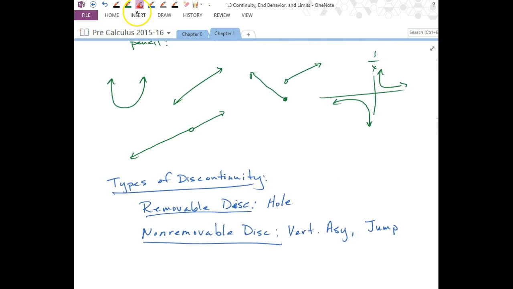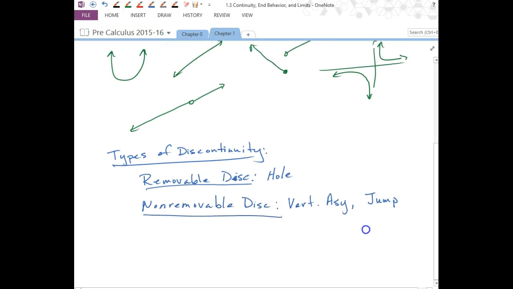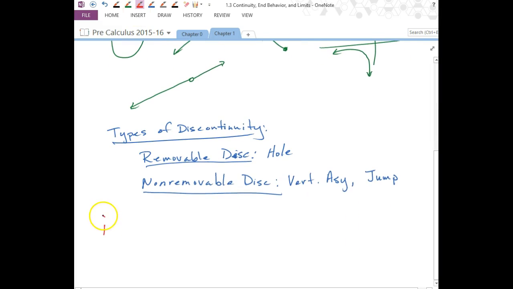Okay, so let's do some examples. I'm going to start with a piecewise function. So let's say one piece is 1 over x when x is less than 0, and the other piece is just x if x is greater than or equal to 0.